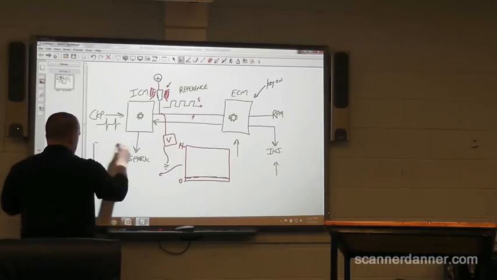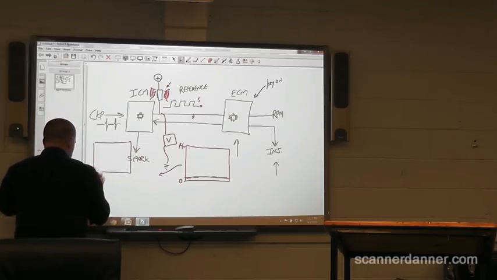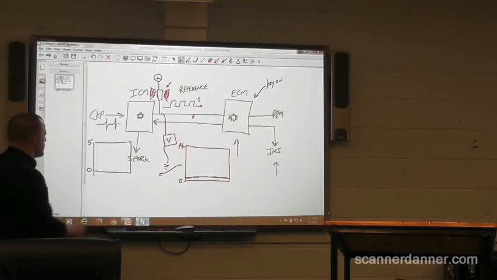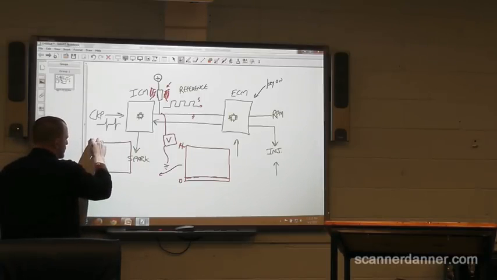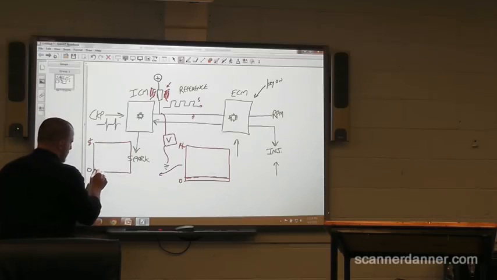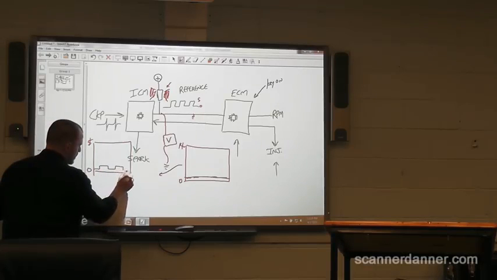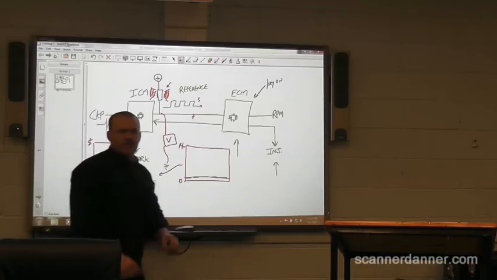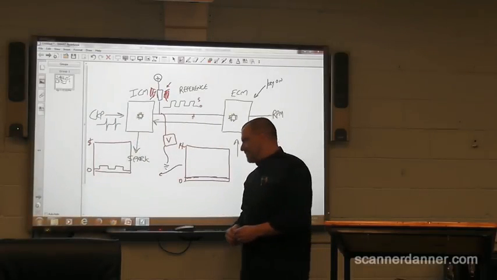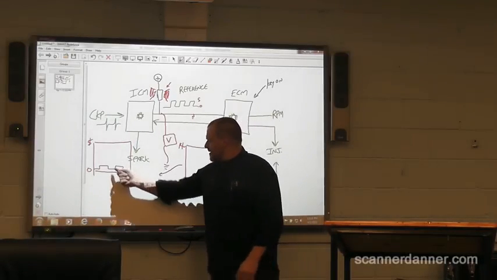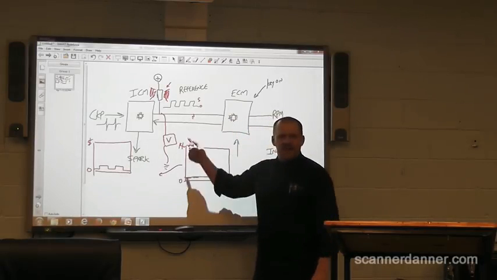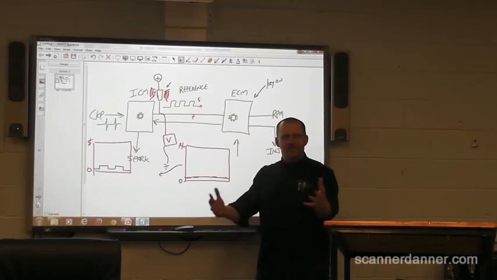I took that same screen, and I'll teach you guys this as we go. I changed it to a 0.5 or maybe a 0.1. I don't remember. I think it was a 0.1 to see it. And that same signal now, I see this on the bottom of my screen. Is there a signal there? There is. Why didn't I see it on my 14 volt scale? Yeah, it's just too small of a waveform.